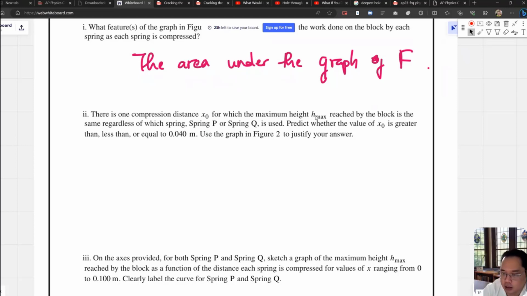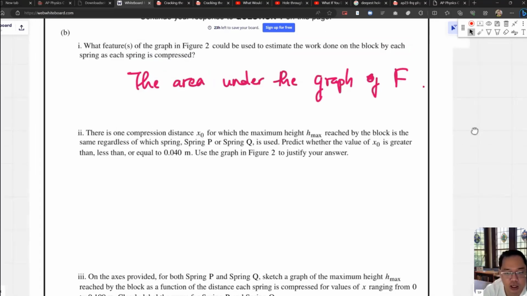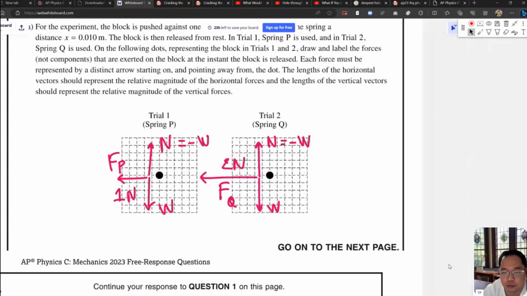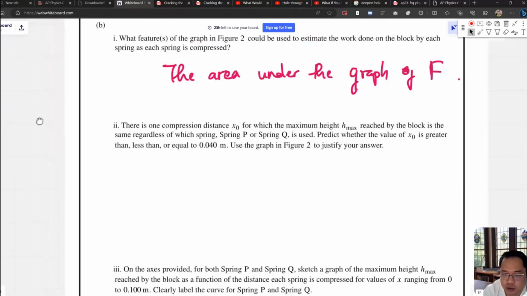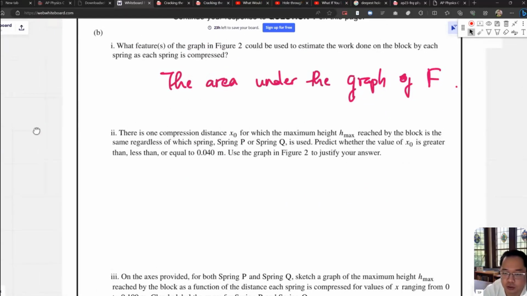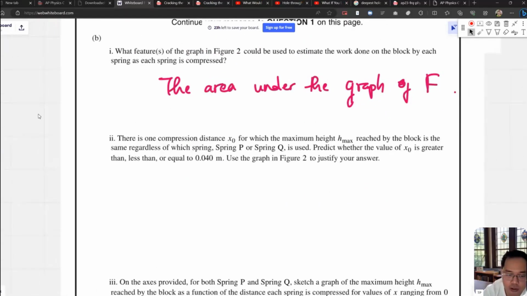The maximum height is the same, meaning the work done by the spring is the same, meaning the areas under the two graphs must be the same. So we need to use the graph somehow to determine x0, the initial compression. There's a graph. x0 is the initial compression, right? The compression x0 for which the maximum height reached by the block is the same.